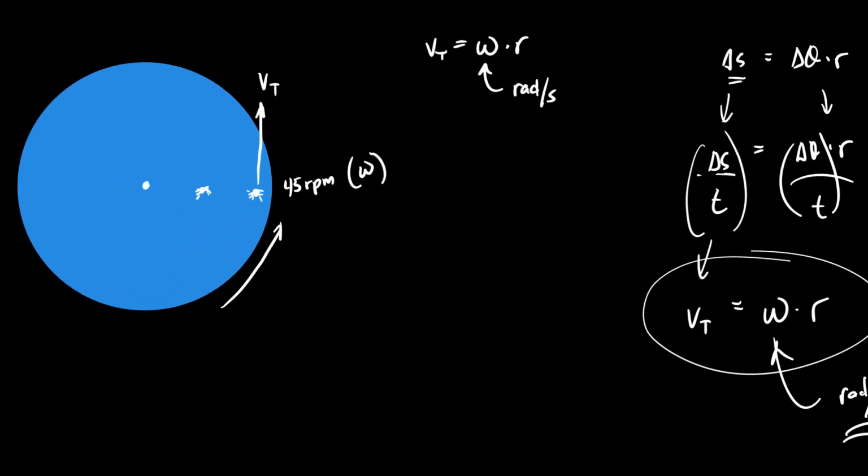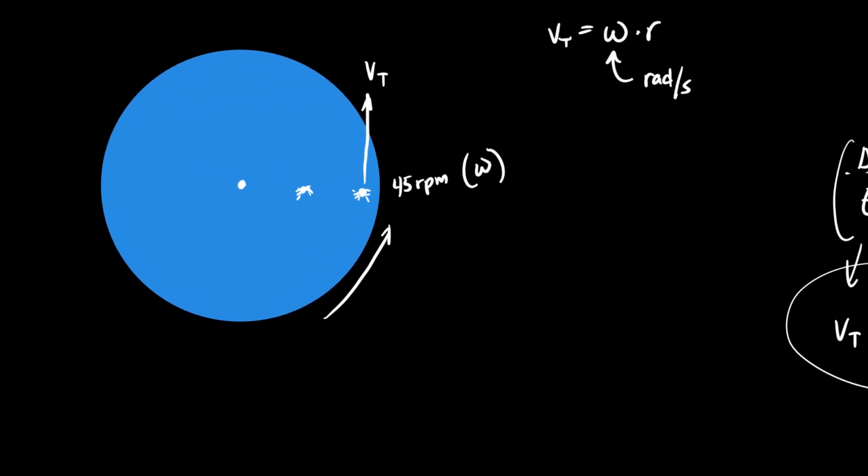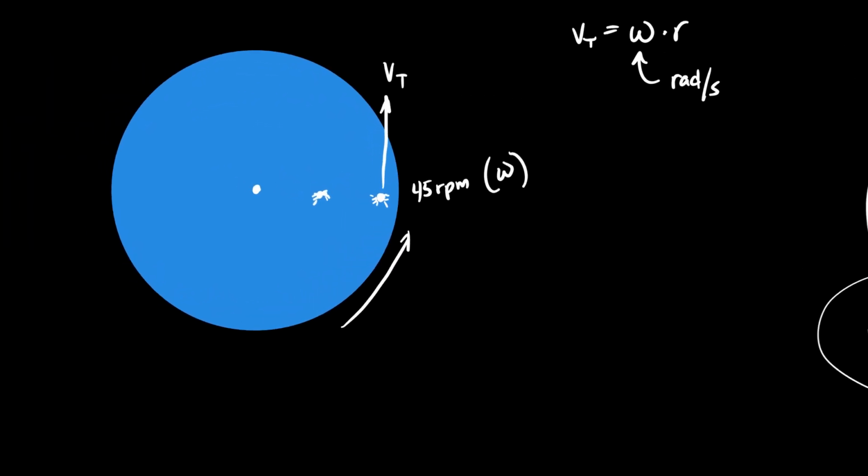So I go back over here to my picture, and the reason why I think using omega is better is because we know this problem is going to have centripetal acceleration in it eventually. And we know that centripetal acceleration is v squared over r. Well, if I do substitution, I will have a different way of dealing with centripetal acceleration.